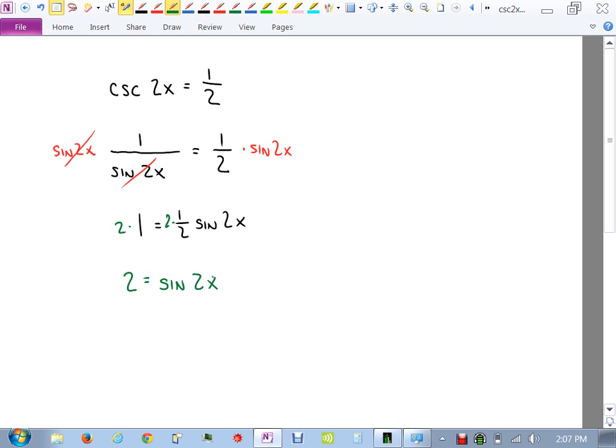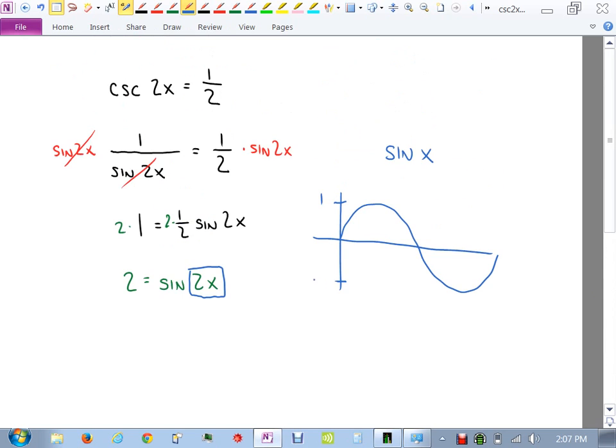And right at this point, major alarm bells should go off, because no matter what is inside sine, we know that any basic sine function, sine of x, let's say, looks like this. And it's bounded between 1 and -1.